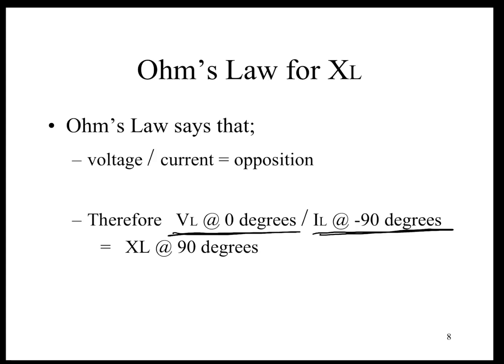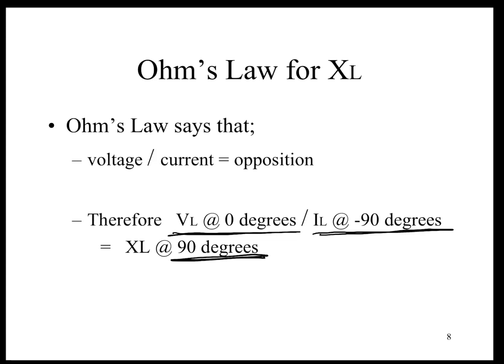By using Ohm's law here, we can determine the direction of XL. When we divide angles, we subtract them, so that would be minus 90 degrees from a 0 degree angle, which will result in 90 degrees.